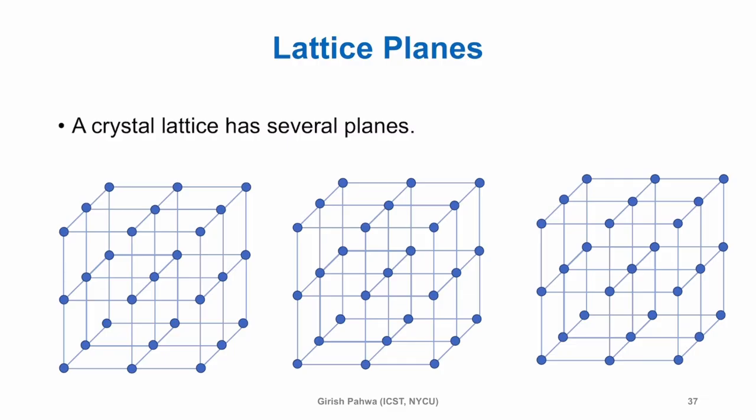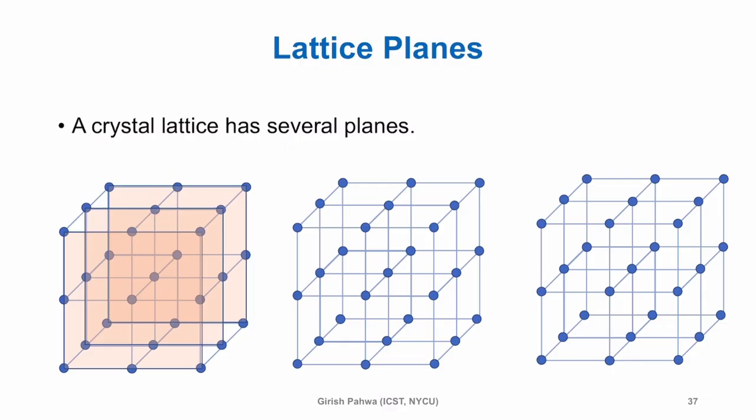Different directions will have different lattice planes, families of lattice planes. For example, in the same lattice, I have repeated it 3 times, but I will generate 3 families of planes. You can see here, for example, this is one big plane, and another plane. So this is a family of planes which are all parallel to each other and equidistant. The distance between these planes is equal.